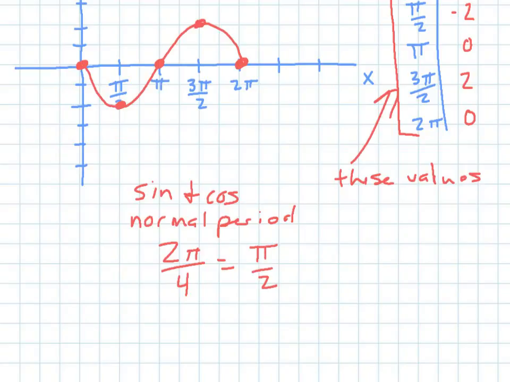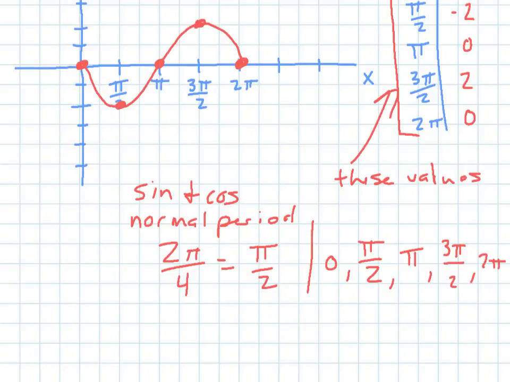So if you always start with 0, the next one you add a pi over 2. So it gets you pi over 2. Then you add another pi over 2 to get pi, because pi over 2 plus pi over 2 gives you 2 pi over 2, which reduces to pi. Then I add another pi over 2, which is 3 pi over 2. Then I add another pi over 2 to get 2 pi.